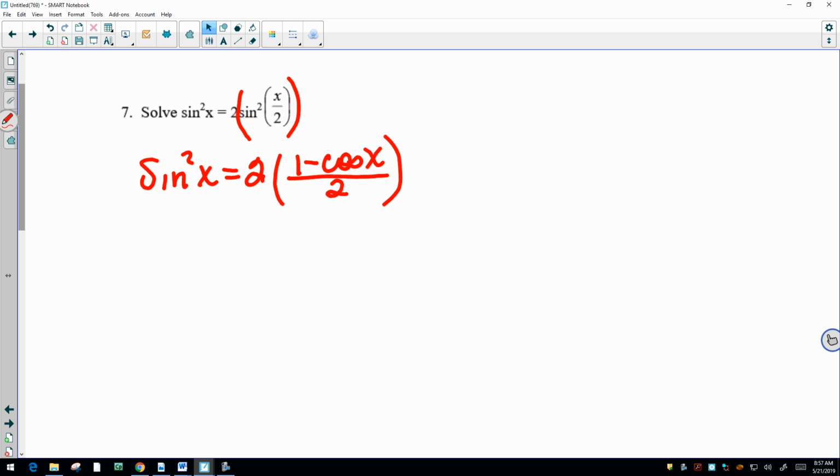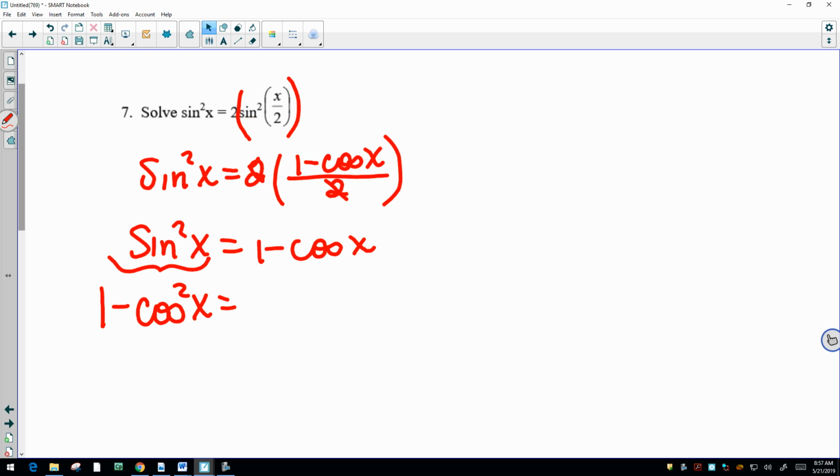And I can see that these 2's are going to drop. So now I have something that looks like sine squared x is equal to 1 minus cosine of x. Well, I need everything to be in terms of either sines or cosines if I'm going to factor. So I'm going to use my Pythagorean substitution and know that that's 1 minus cosine squared x.